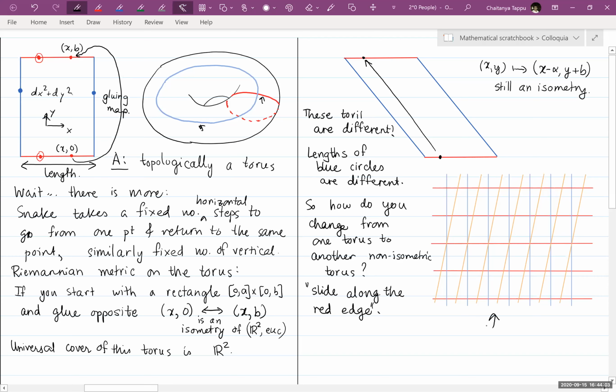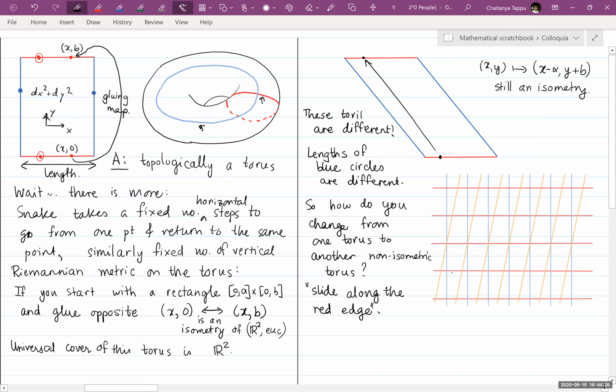So the red and blue lattice is the covering map of R2 onto the first torus, the rectangular one, and the red and orange lattice is a covering map for the second torus.